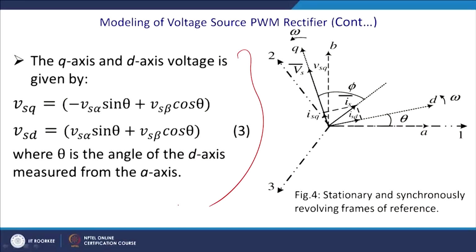Once you rotate at synchronous speed, those entities remain stationary with respect to you. So, transforming alpha beta to the dq frame, Sq can be written as minus Vs alpha sin theta plus Vs beta cos theta, and Sd equal to Vs alpha cos theta plus Vs beta sin theta, where theta is the angle of the d axis measured from the alpha axis.